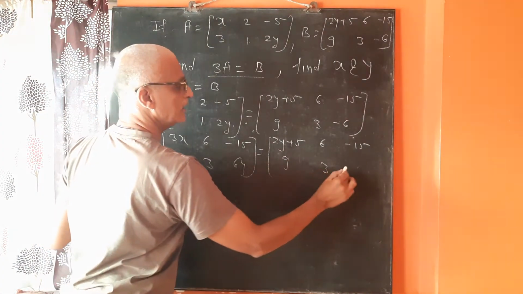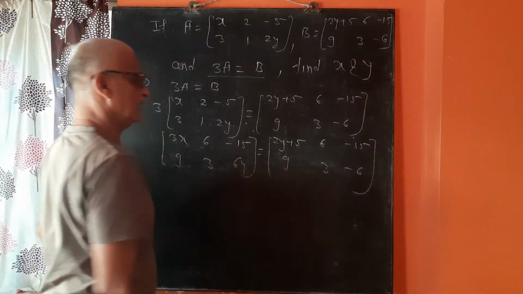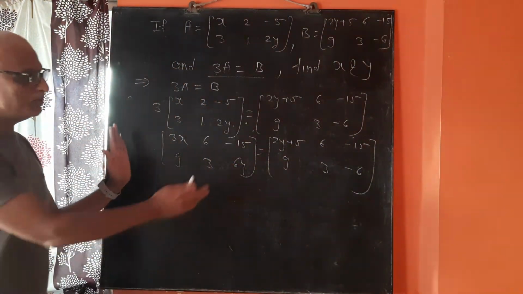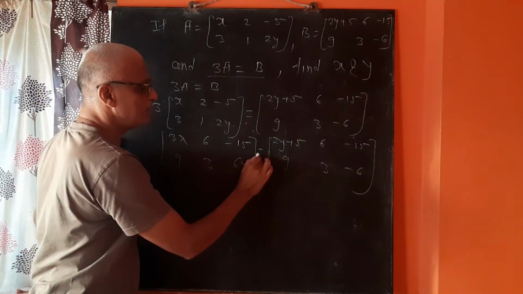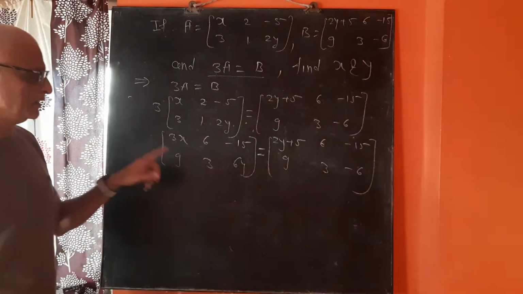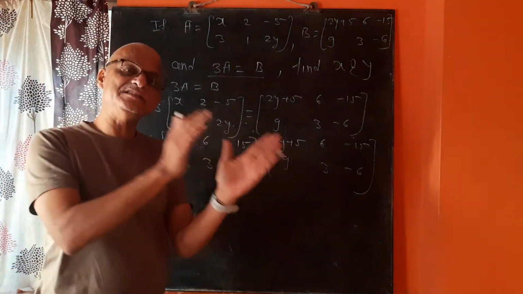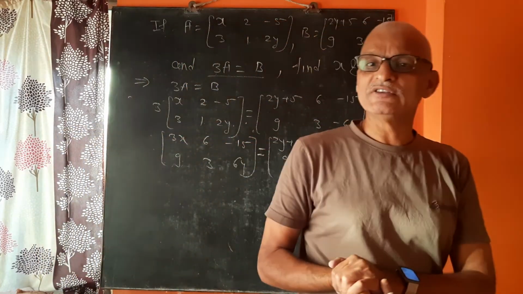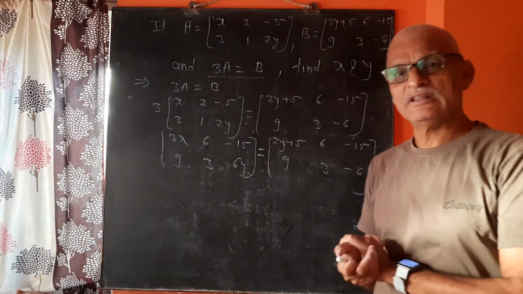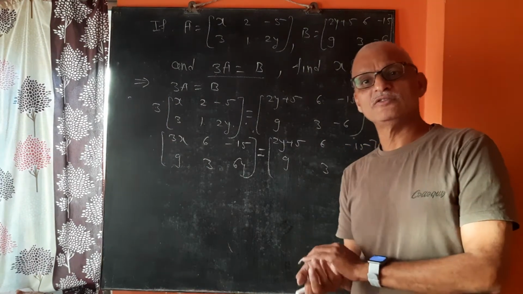Now see, we have got two matrices, this matrix and this matrix, and there is an equal sign between the two matrices. That means we can say that matrix A equals B. In equality of matrices, we have seen that if two matrices are equal, then their corresponding elements are also the same.